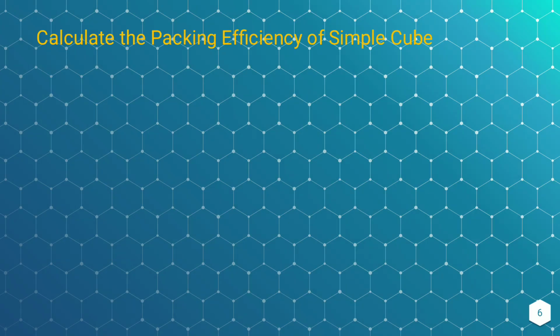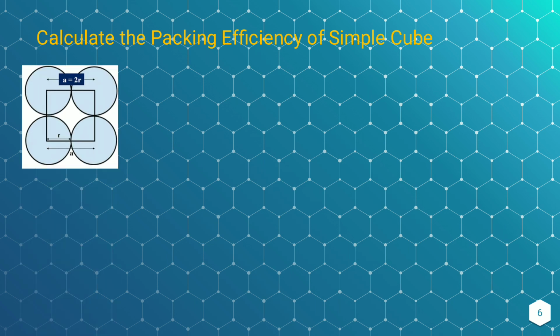So the question goes, calculate the packing efficiency in a simple cube. So in order to calculate the packing efficiency in a simple cube, we have got a diagram of a simple cube, wherein the particles touch each other along the edge.